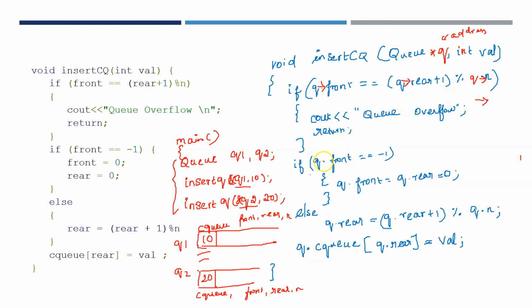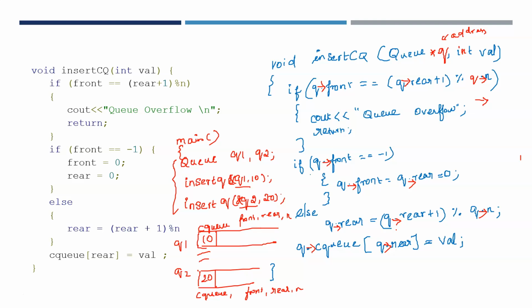So where should I change? Here and here. Wherever the structure comes, you need to change. So this is how insert CQ works in our program.